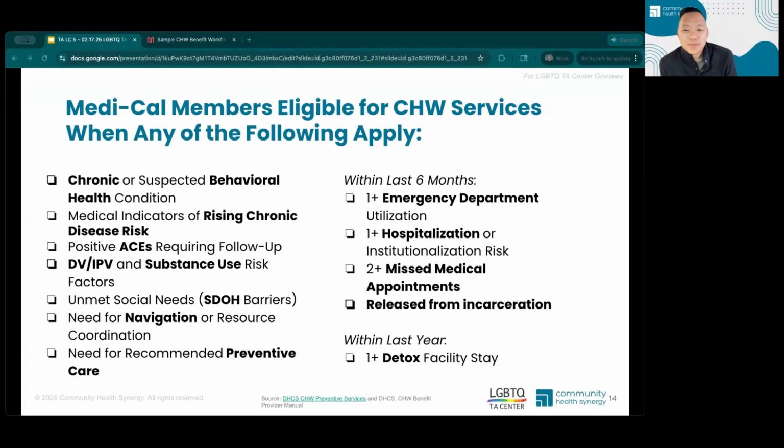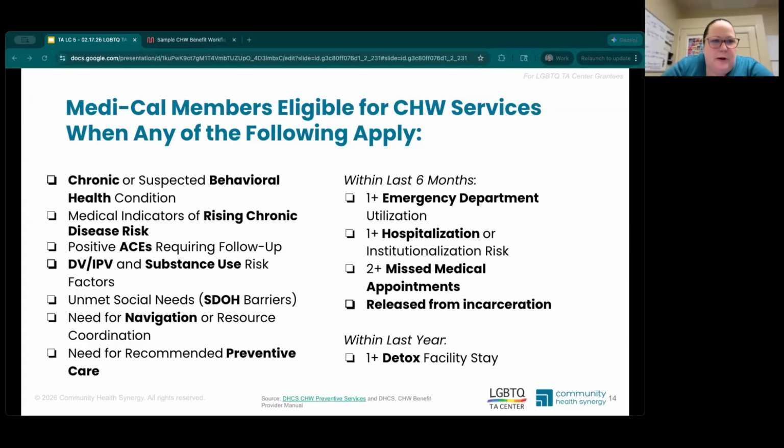But who remembers Ms. Martinez's eligibility criteria? We can do this as a group. She is a transgender Latina woman who recently moved to the area, stopped her hormone therapy while she gets settled, and has not had good experiences in the past with medical providers.